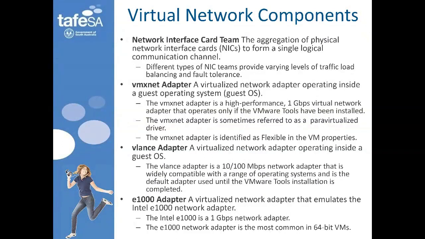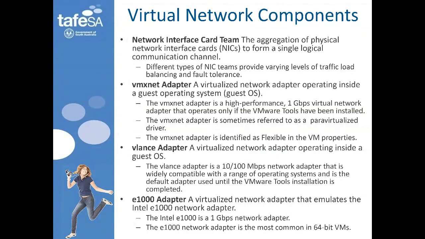So there's a couple of words there that a lot of people might not understand. Aggregation means put together, combine, and communication channel. Basically, it's like we use communication across all the NICs for the same purpose.